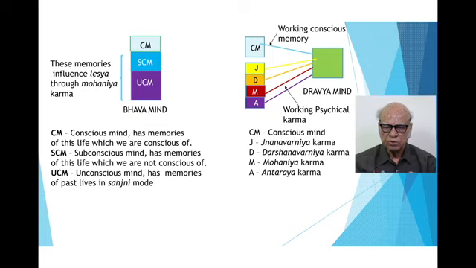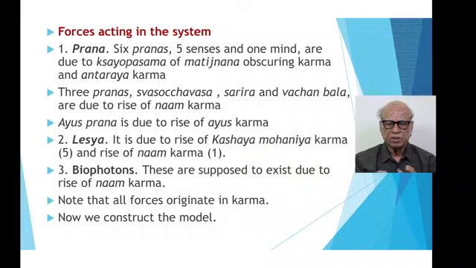Okay, so I have shown here both Bhav mind and Dravya mind, and their operations. Now, besides this information flow in the system, there are other forces which are acting, and we recollect these forces. One is prana, okay, and we know there are 6 pranas. There are 5 sense pranas and 1 mind.